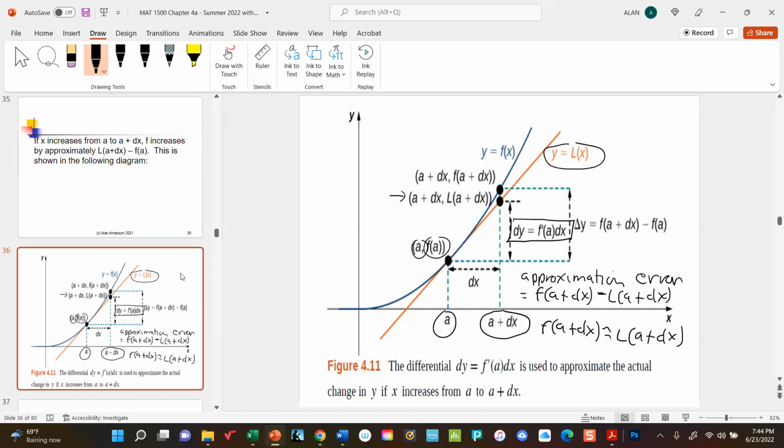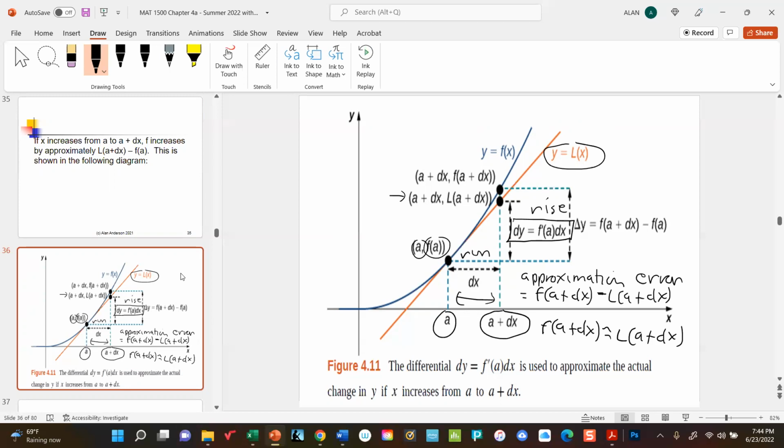In other words, dx is the horizontal distance here. And then f prime of a is where we started here. So in other words, they're doing this with geometry. Okay, this is the rise, and this is the run.